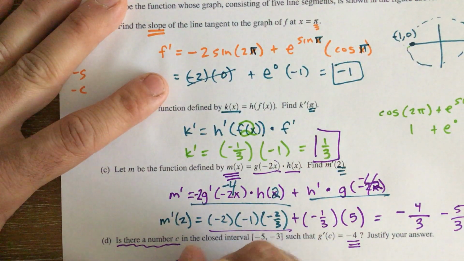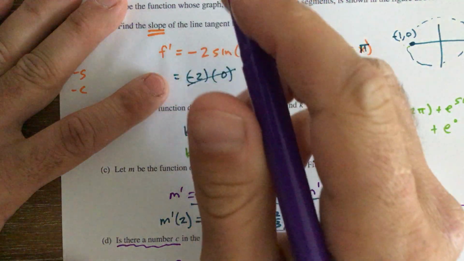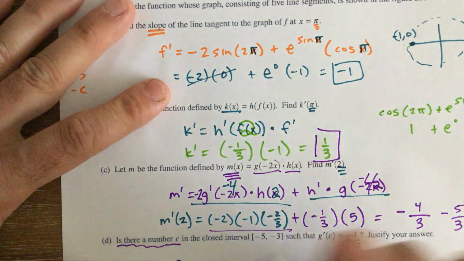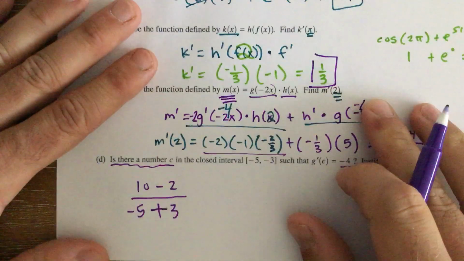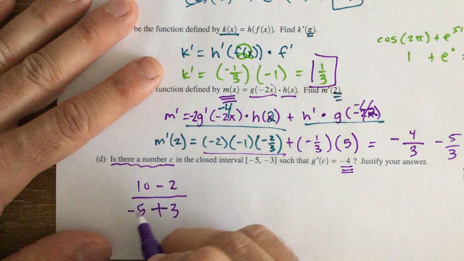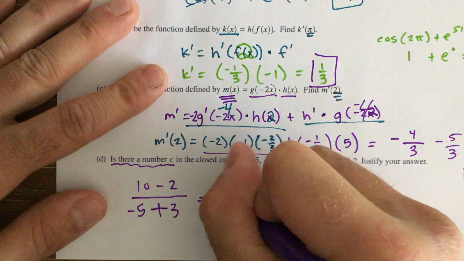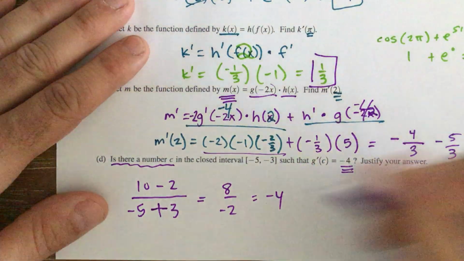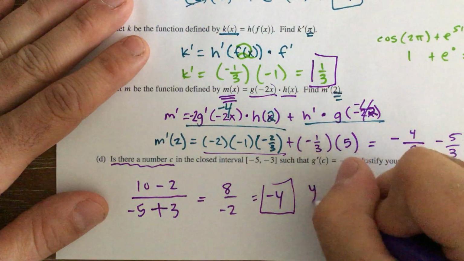Okay, so I'm going to go 10 minus 2. Since I went 10 minus 2, that means I also want to go negative 5 minus negative 3. Sorry you couldn't see that I was plugging that in, but 10 minus 2, those are the y values, these are the x values, equals 8 minus negative 2. That's a slope of negative 4. So that's going to be a yes.